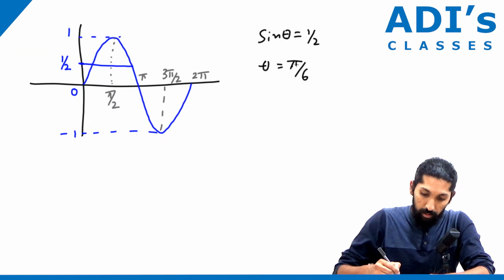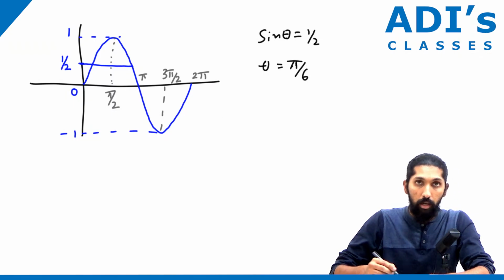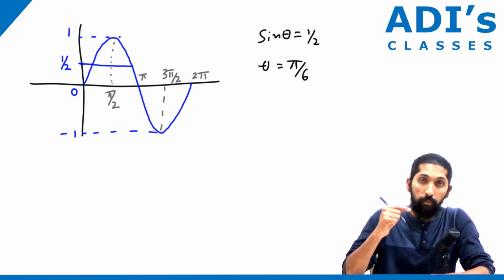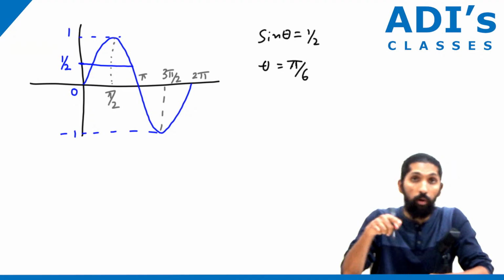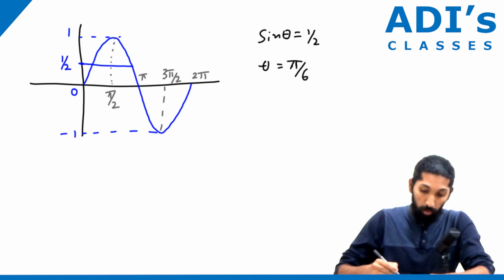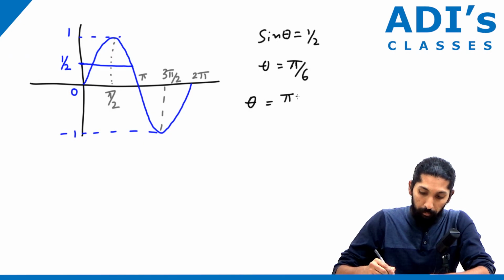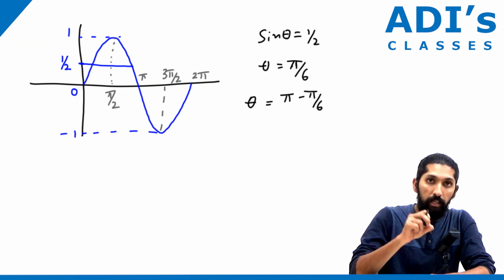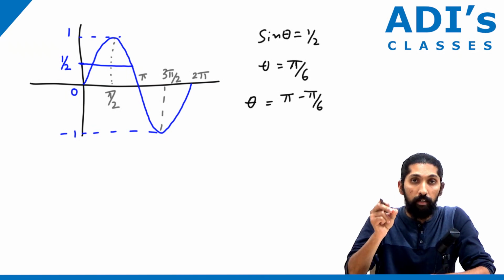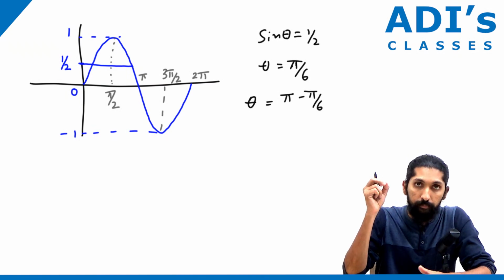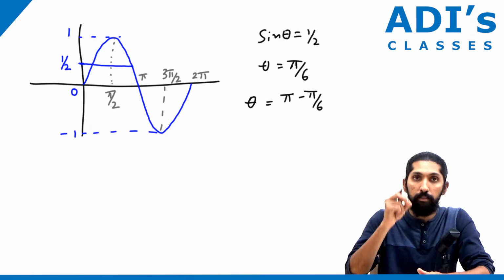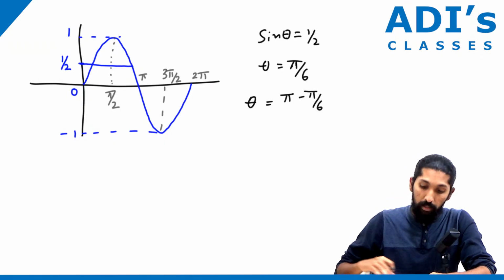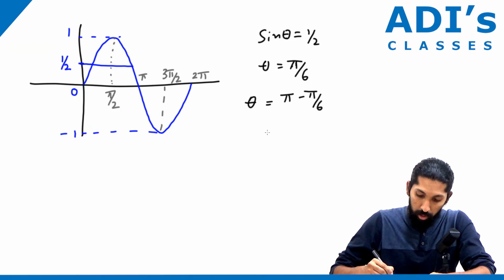Pi by 6 is in the first quadrant. Now, if you need to know the value in the second quadrant, what we do is theta is equal to pi minus pi by 6. The reason is sine of pi minus theta is the same as sine theta, isn't it? That's why we take it as pi minus pi by 6.